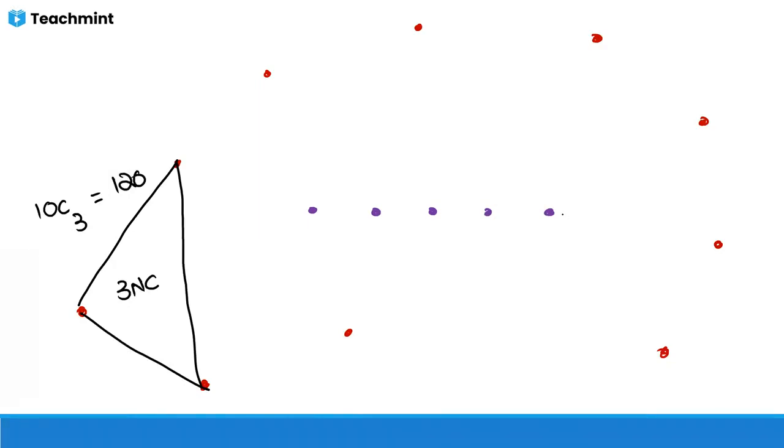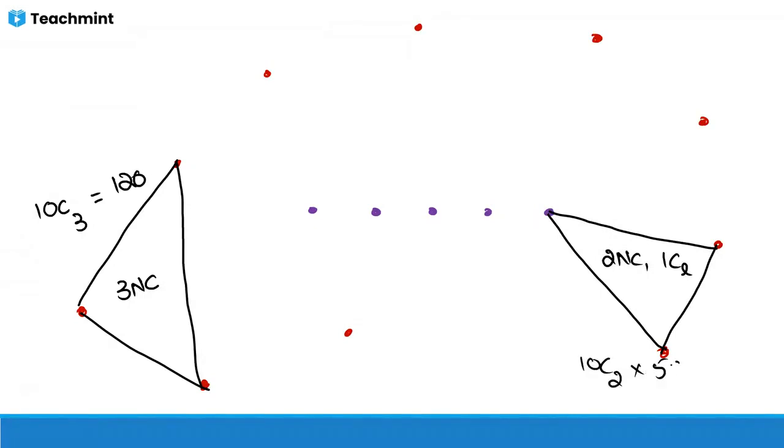Other one, two non-collinear and one collinear. I can take two non-collinear and one collinear, which means 10C2 into 5C1, which is 225.